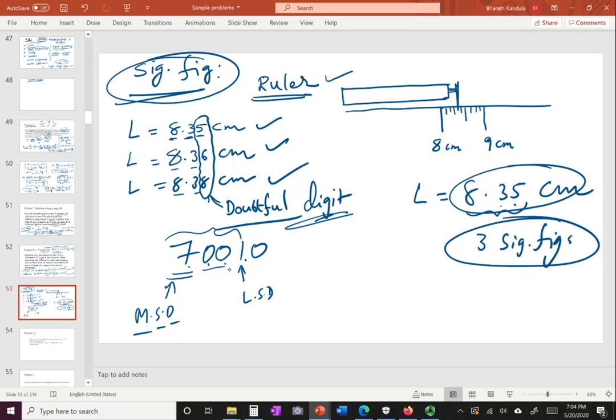But in this number, did you notice there is no decimal point? So this is simple, because you just look for the MSD and LSD and count the number of digits in between them, including MSD and LSD. That's the significant figures.